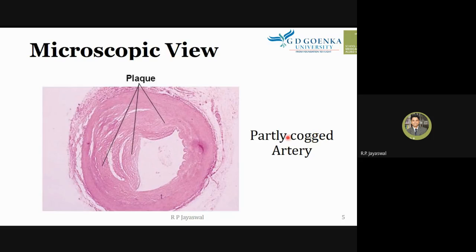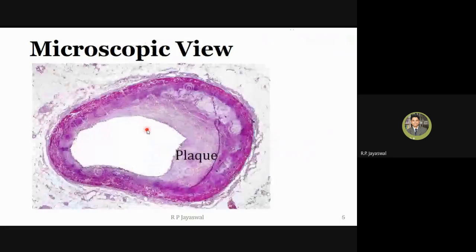So here we see the partially clogged artery, which means there is partially some obstruction. This is another microscopic view, another slide, where you can also see the plaque formation inside the wall of this coronary artery, and this may lead to coronary artery disease.